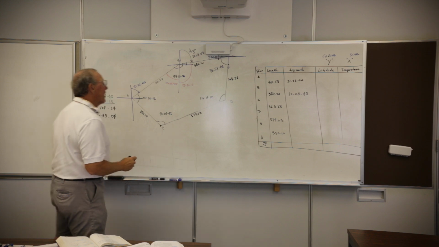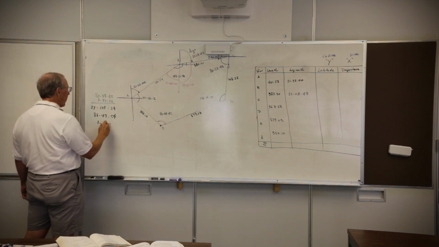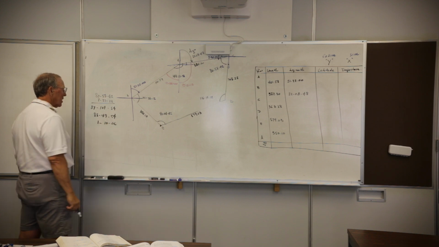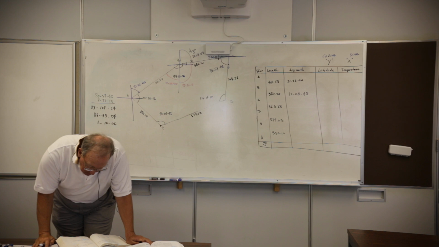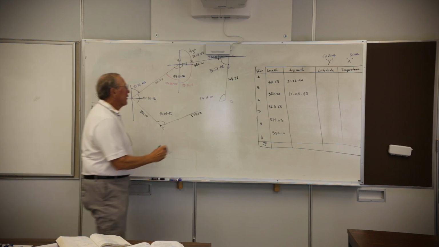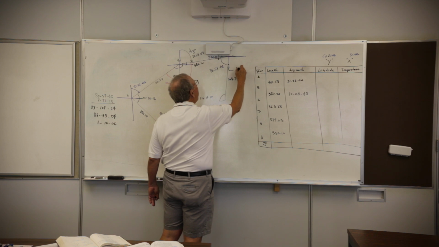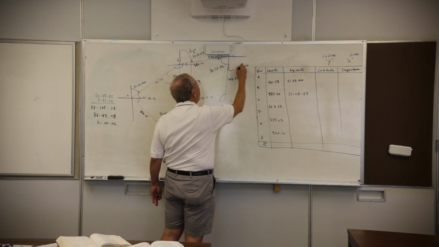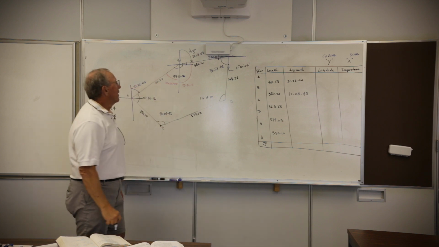That little guy has to make it 90, so what do I add? I add 1, 10, 06. Looks like if I add 1, 10, 06, that's this little guy. So those three angles add up to 90.